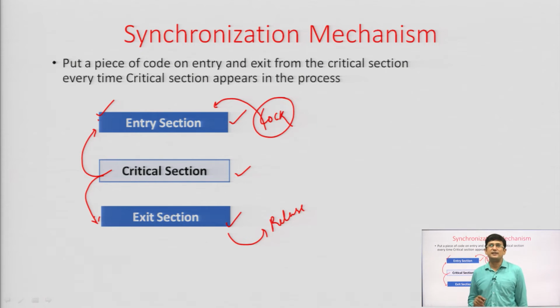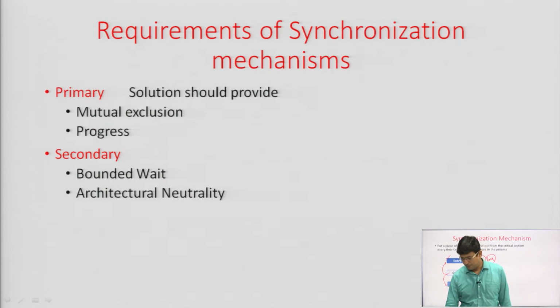So, it is the responsibility of the operating system to create a balance between the cooperating and the competing processes by applying some entry conditions and exit conditions, so that synchronization is maintained.